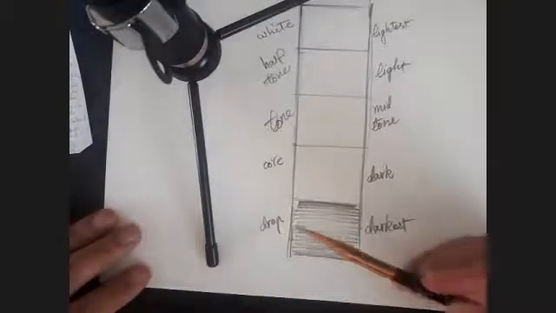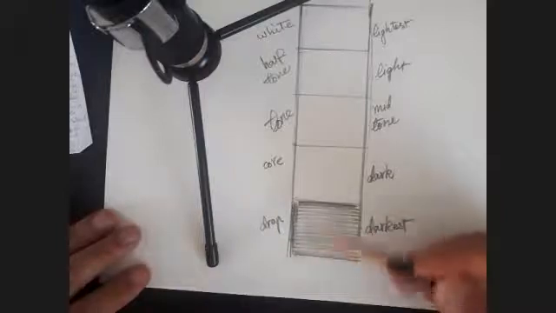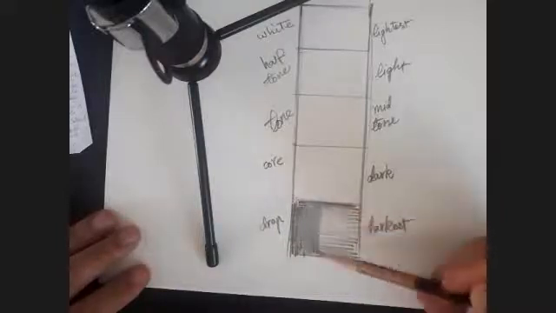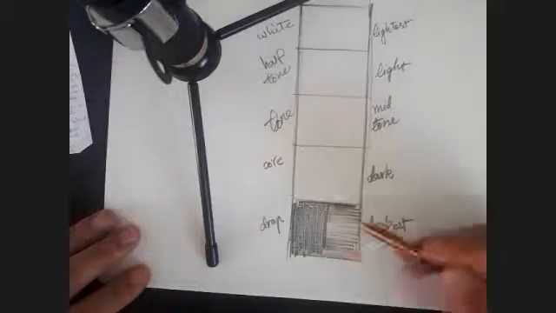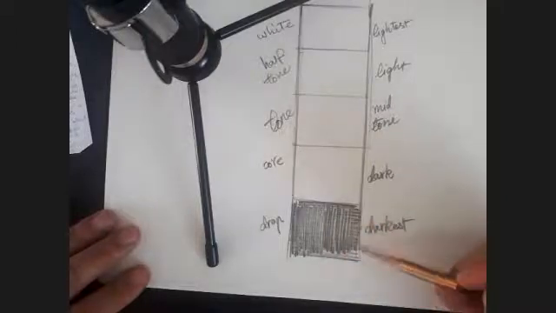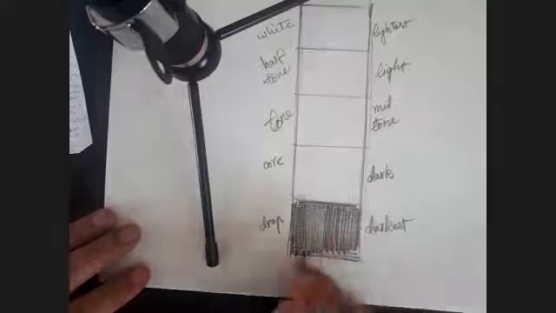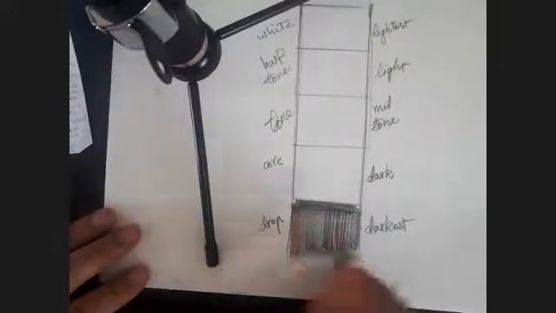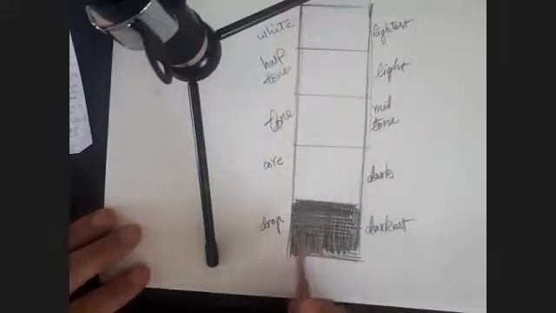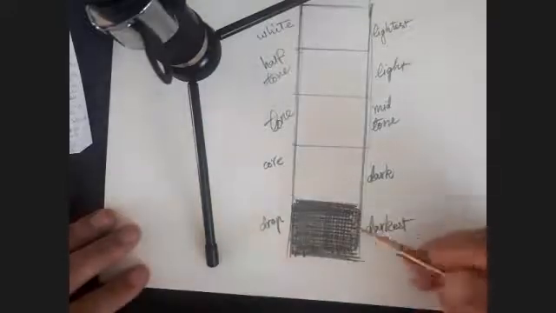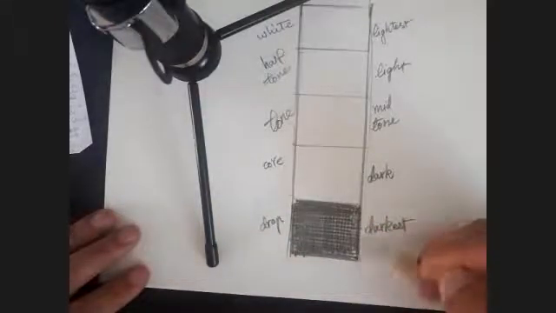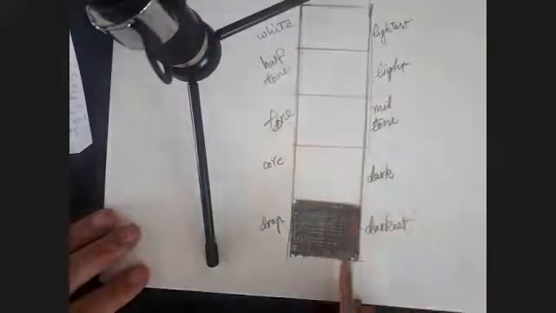Just use your pencil. Make this part as dark as possible. Okay, just totally dark, because this is the darkest part. Just make it as dark as possible.